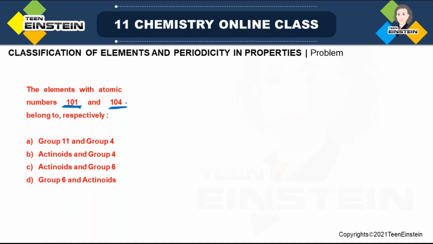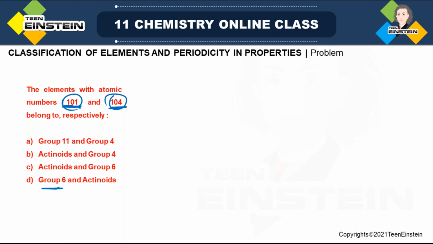The first option says that atomic number 101 belongs to group 11 and 104 belongs to group 4. Then the second and third options say 101 belongs to actinoids, but 104 belongs to group 6. Then for the last option, 101 is from group 6 and 104 actinides. Basically, which element it is is not important, you just have to know their position.